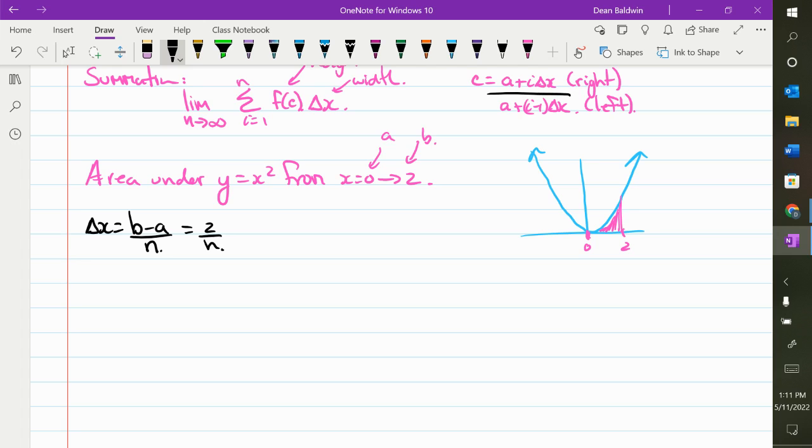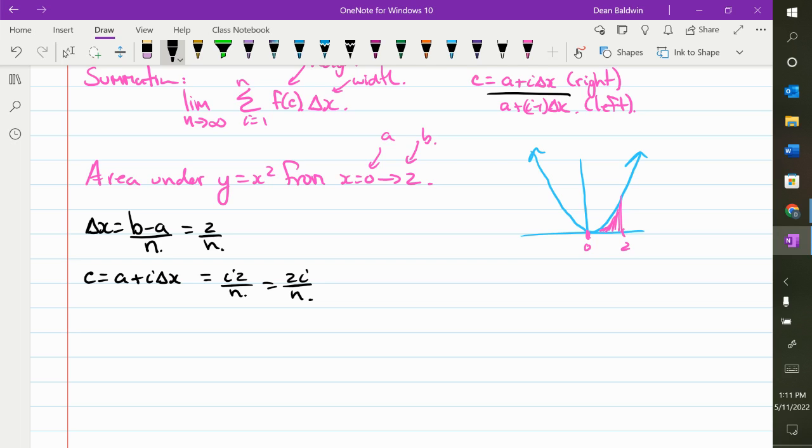We're going to use the right endpoint, so our c value is a plus i delta x. Our a value is 0, which makes our life easier. So it's i times 2 over n. I'm going to write 2i over n.